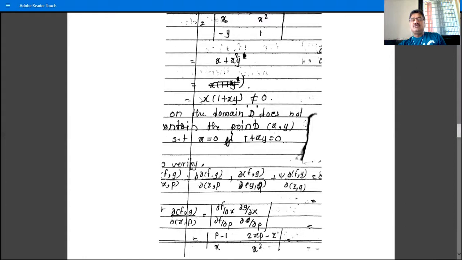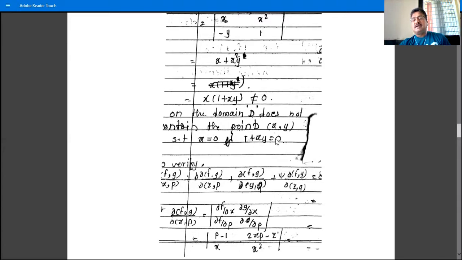When is it not equal to 0? If x is not equal to 0 and 1 plus xy is not equal to 0. So this is not equal to 0 on the domain that does not contain the points (x, y) such that either x is 0 or 1 plus xy is 0.